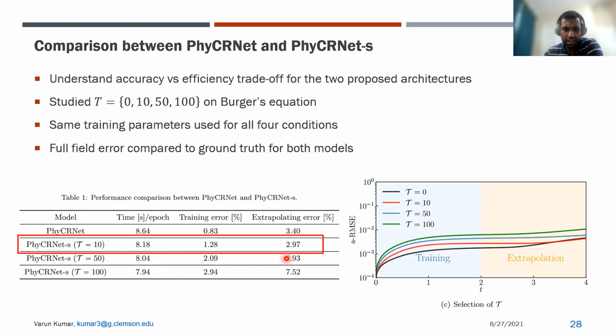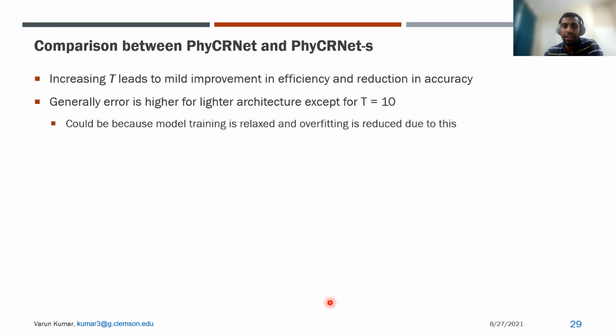There's one peculiar case where t equals 10, where PhyCRNet-S actually outperformed PhyCRNet. The reasons they gave were not very clear, but they seem to think it has to do with the model being relaxed with the use of this particular value, possibly reducing overfitting. But they don't have a concrete answer as to why this is happening.